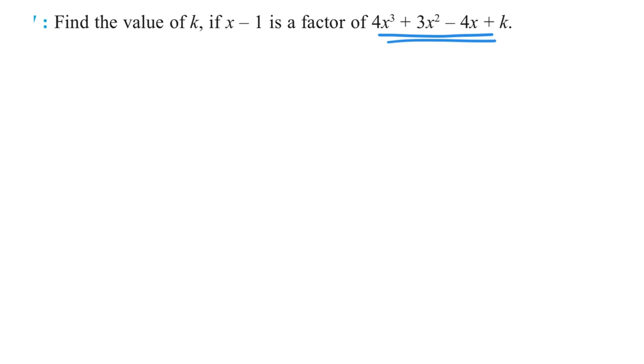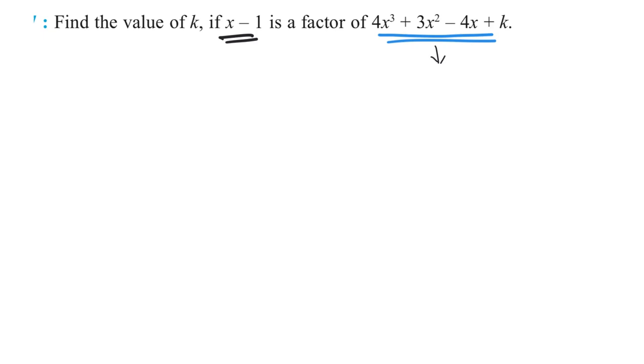Don't just jump into start working out the problem. Okay? So let's understand again. Find the value of k if x minus 1 is a factor of this polynomial. The question is telling that x minus 1 is a factor.